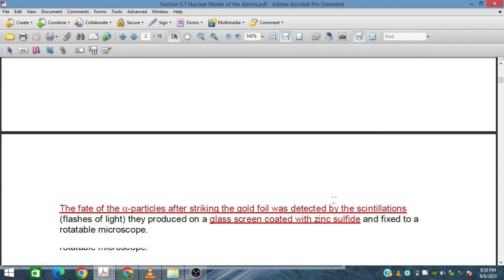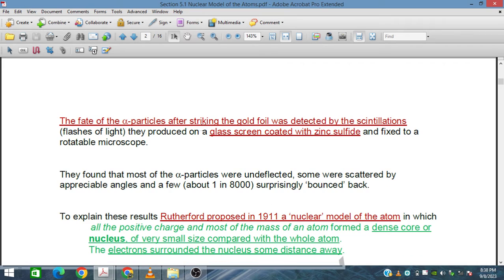This was the observation that Rutherford made, and he explained the nuclear model of the atom.